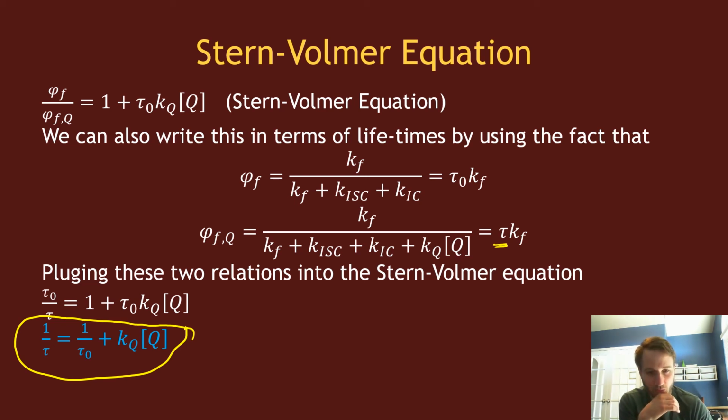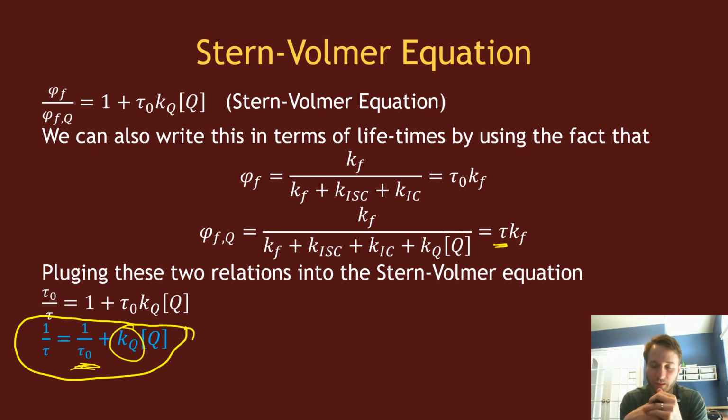In this case, you don't need to know what tau naught is. If you're just interested in kq, kq is now the slope. Plotting 1 over tau versus Q, that slope is just going to give you kq, and then the y-intercept will give you 1 over tau naught. So this is a way to get the lifetime without the quencher and the quenching constant in one plot.